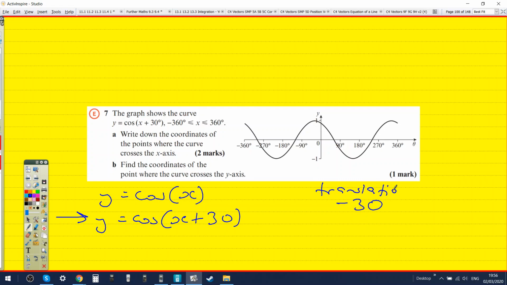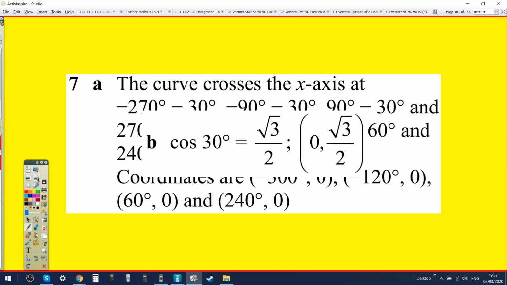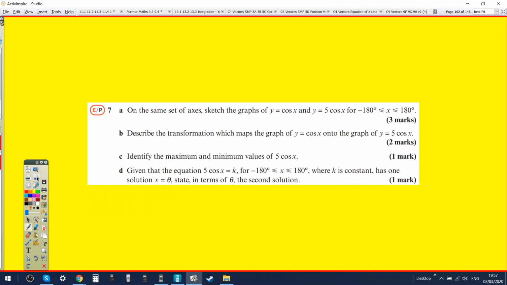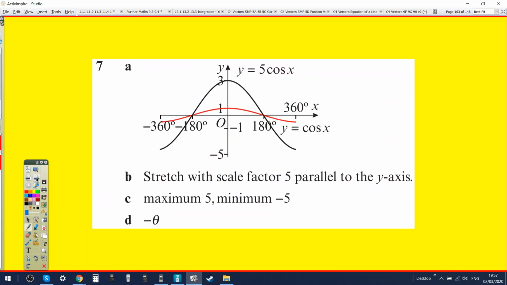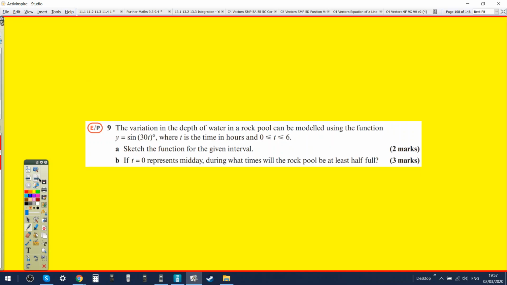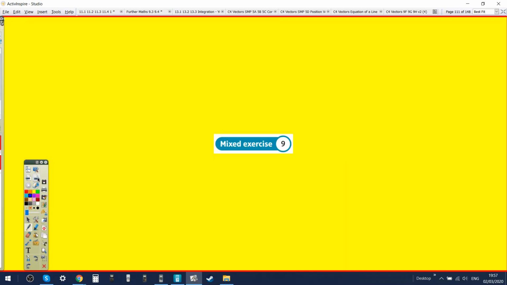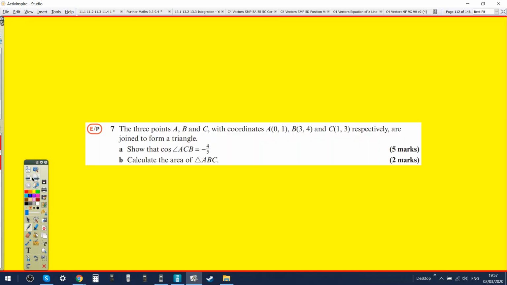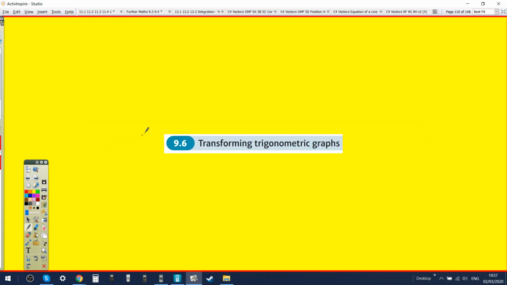Do you remember how you write this bit? Minus 30, 0 is the vector. Some of that's a stretch. It's the same idea. So maybe that's just something to look at. Okay, so that was the last thing in that chapter.